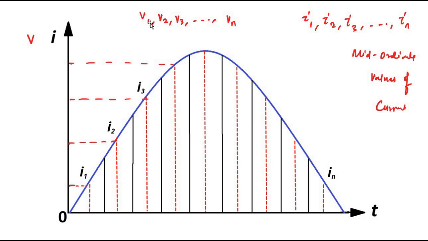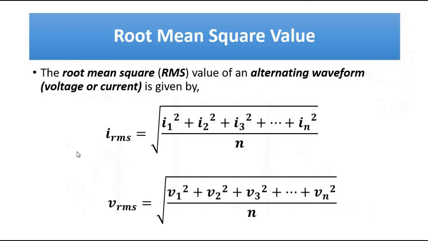For voltage V1, V2, V3, Vn, for current I1, I2, I3, In. But here the mathematical expression is slightly different. For current, IRMS is equal to the square root of I1 square plus I2 square plus I3 square plus up to In square, divided by n. For voltage, the same: V1 square plus V2 square plus V3 square plus Vn square, divided by n, square root.